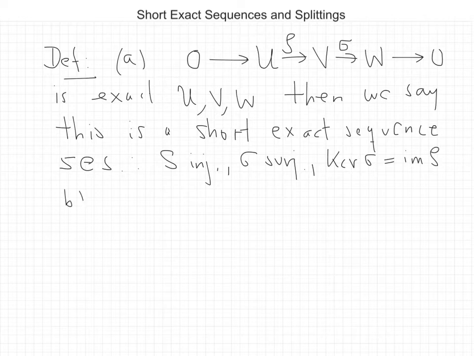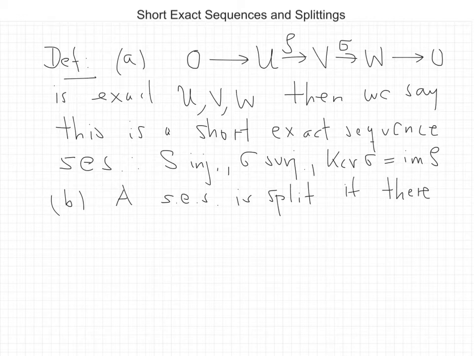So the second part of the definition will say, well, if you have such a short exact sequence, then a short exact sequence as above is split if there is a linear map, let's call that linear map gamma.